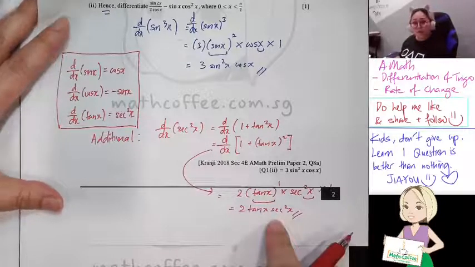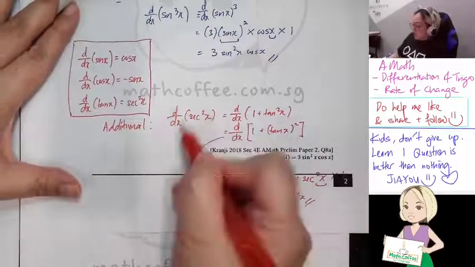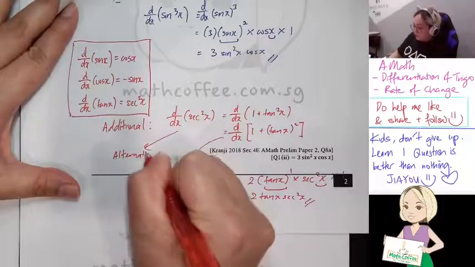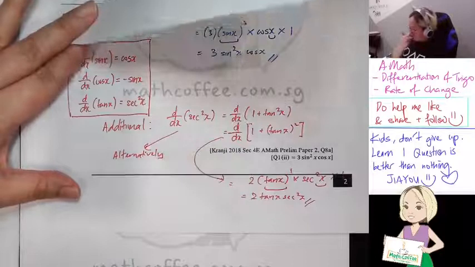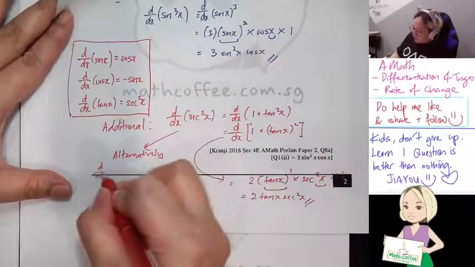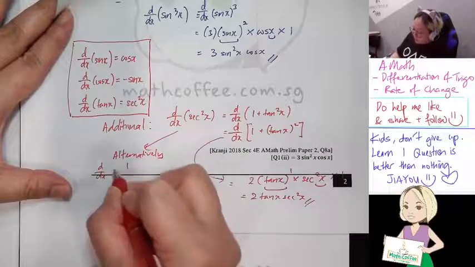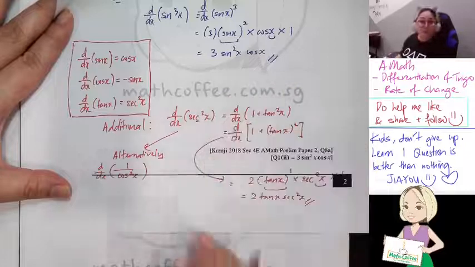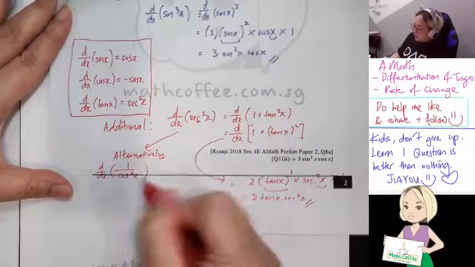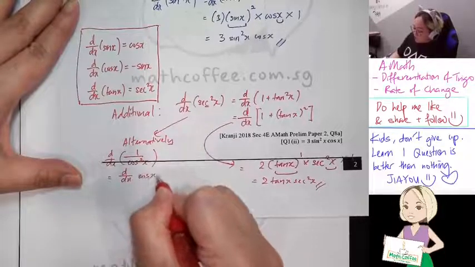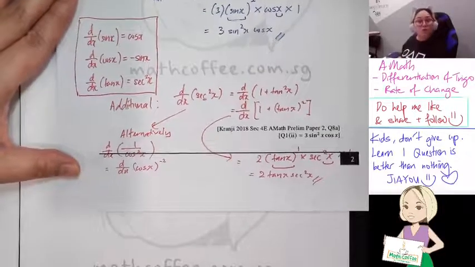That's one way. Okay, another way, alternatively, you can also say, I want to differentiate 1 over cosine square x, because secant means it's 1 over cosine. So if I rewrite this, it is differentiate cosine x to the power of negative 2.